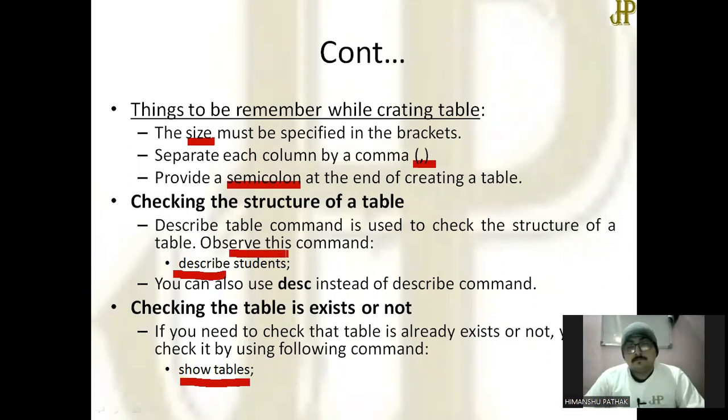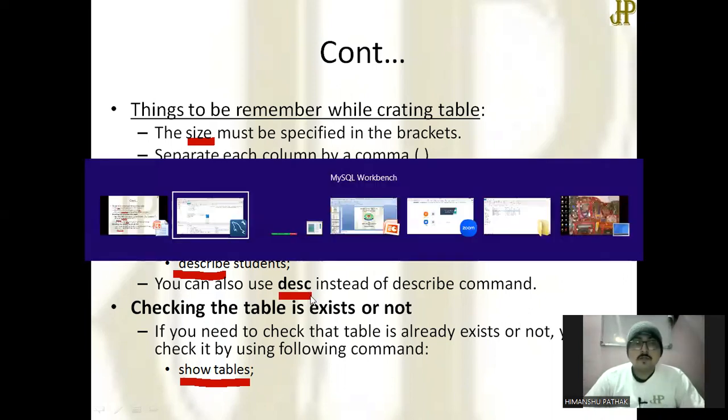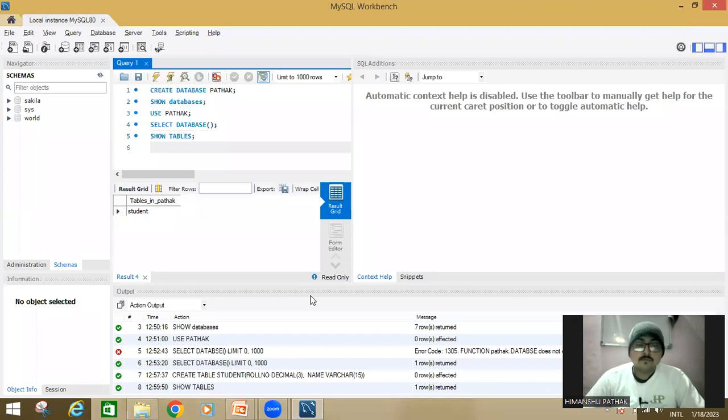Table, or you can simply type DESC space table name. That will give you all the information related to the table. So what do you want to check? DESC or describe, DESC space table name, student. Semicolon. Now I am going to run that statement.